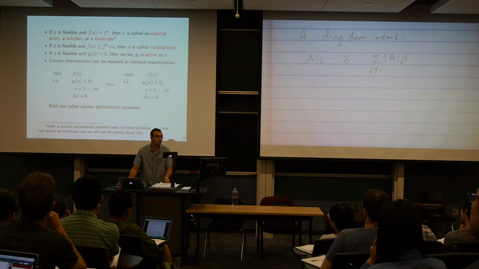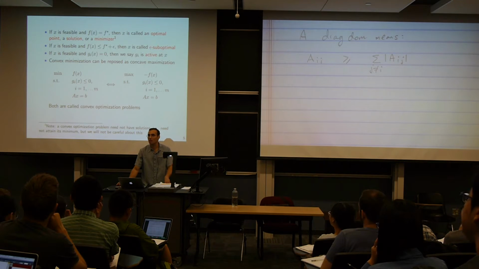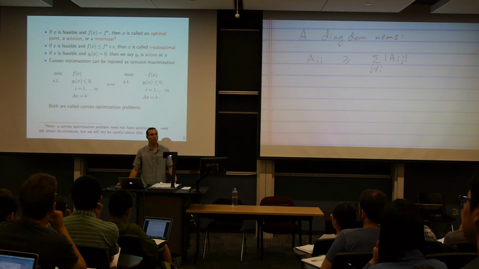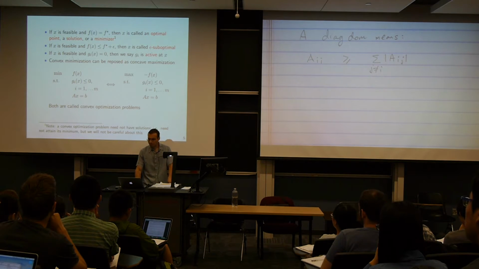The constraint is loose if gi of x is strictly less than 0. So we'll often talk about constraints that are active or tight at the solution, and constraints that are loose at the solution. But this terminology applies to any feasible points as well.